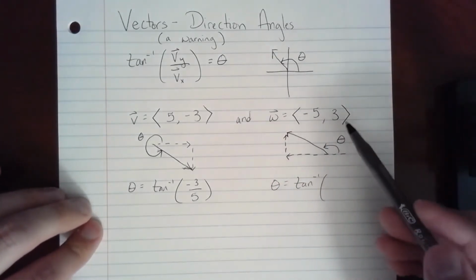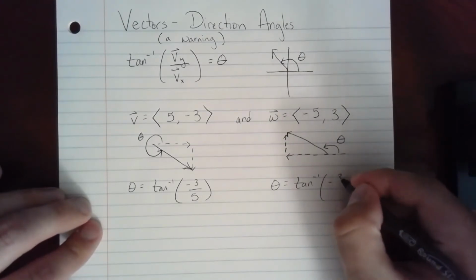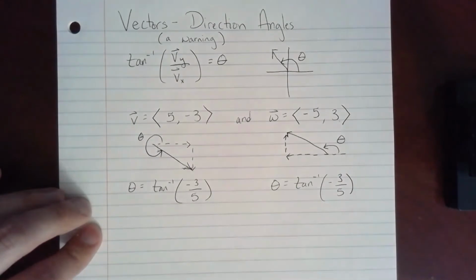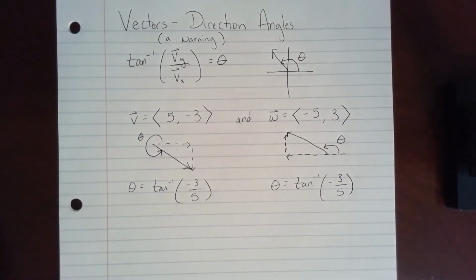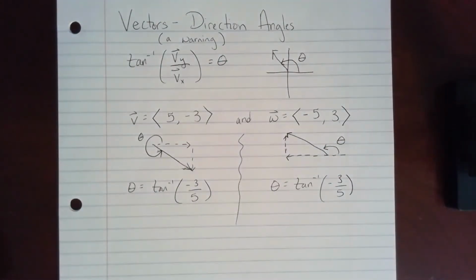Because look here, we have a positive 3 divided by a negative 5, that's still just negative 3/5. Although these two angles that we're wanting to get here are very different, the input into the calculator is exactly the same.